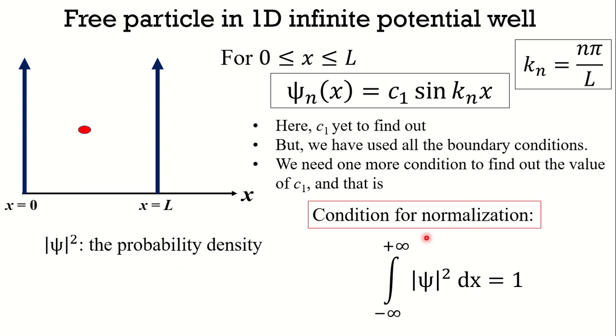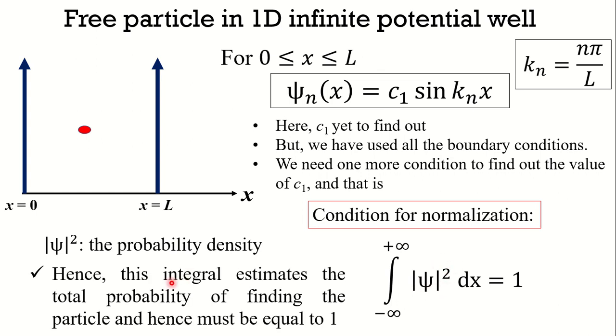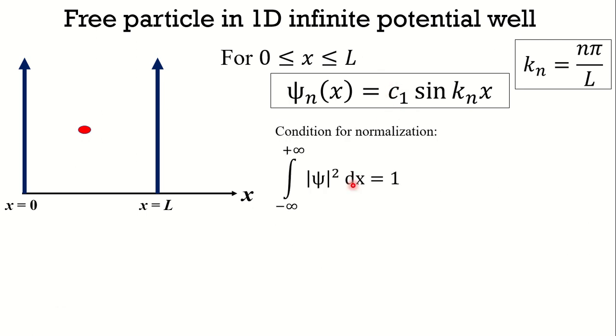So this integration means we are integrating the probability density over the whole space from minus infinity to plus infinity. Hence the integral gives the total probability of finding the particle, and it must be equal to 1. We'll use this condition to find the value of C1.